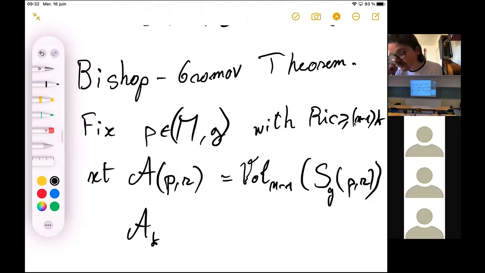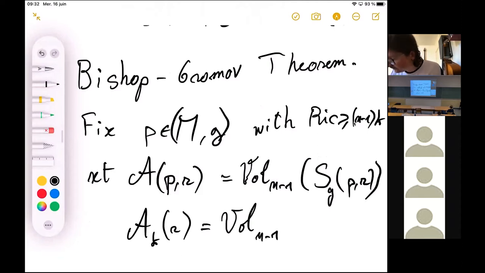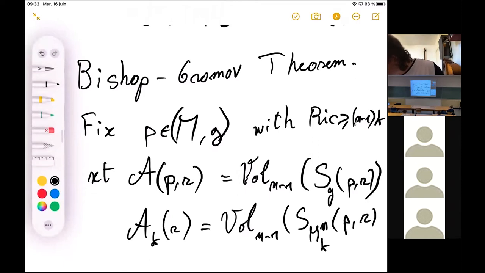And let A_k(r) be the volume of the sphere of radius r inside the space form of constant curvature k, centered at any point, and of radius r.